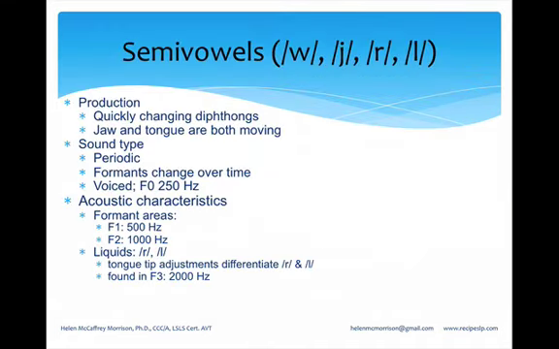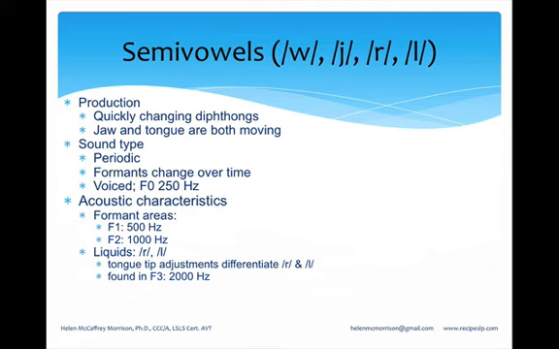So let's look at our semivowels, liquids, glides, and semivowels, wa, ya, ra, and la. The production of these semivowels, liquids, and glides, they're produced as though they are very quickly changing diphthongs. Wa, ra, ya, la. They're very quickly changing diphthongs, and if you remember, diphthongs are formants that change over the course of the production of the vowel.